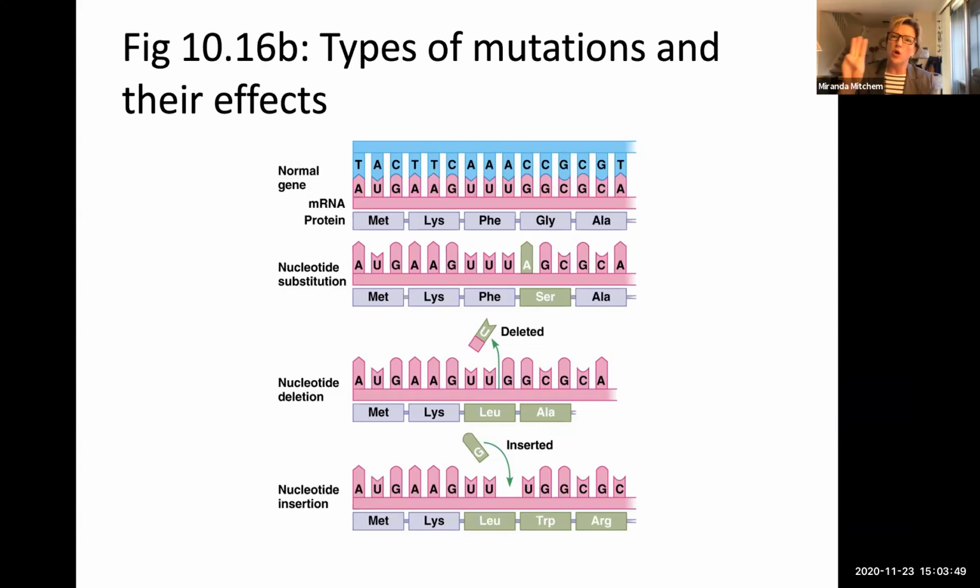But what if it were three nucleotides of RNA that were added or deleted? That might not be as bad. If we're adding in a whole extra amino acid or taking out a whole amino acid, the potential for the rest of the protein to still be correct is good.